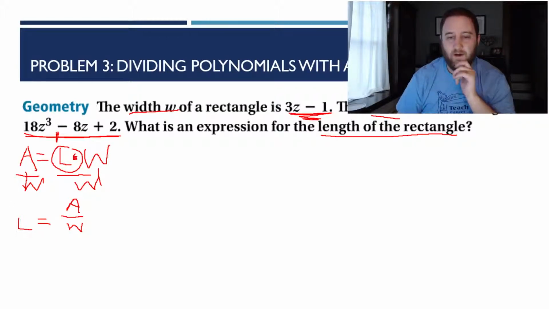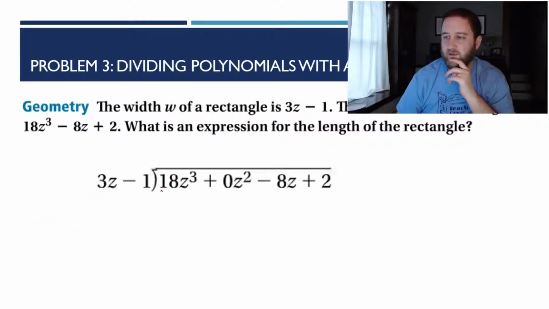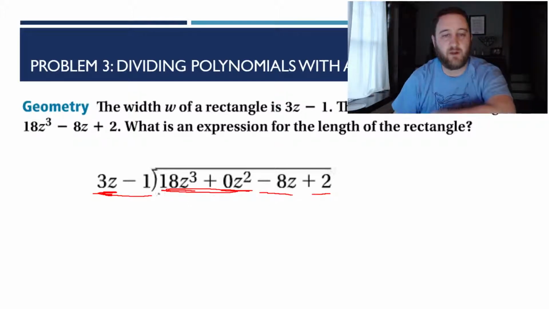All right, so this is going to show you how to set this up. We want to set it up so that we have 18z cubed plus the 0z squared that we're adding in, minus 8z plus 2, and then on the outside 3z minus 1. So again, we look at the first two terms of the polynomial here.